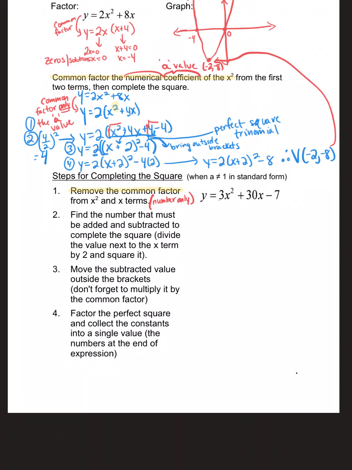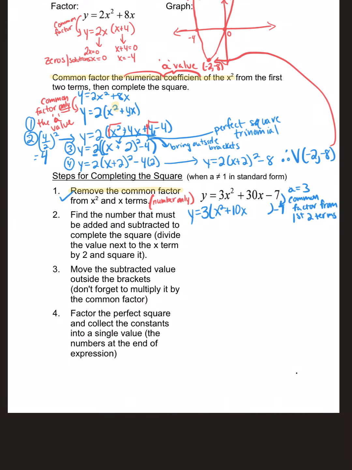So if I pull out my a value, a equals 3, that's what we're going to common factor out from our first two terms. We're going to have y equals 3, and then we'll have x squared plus 10x. And then I'm going to leave some room in my bracket because we're trying to create that perfect square trinomial. So we have to think about what we're going to add and subtract in there. So that was step 1.